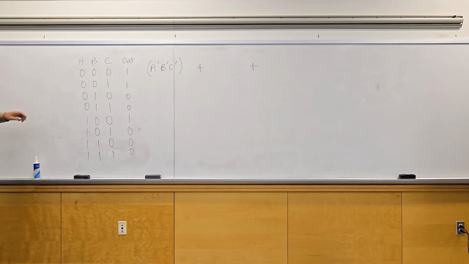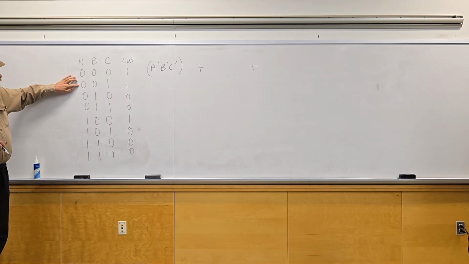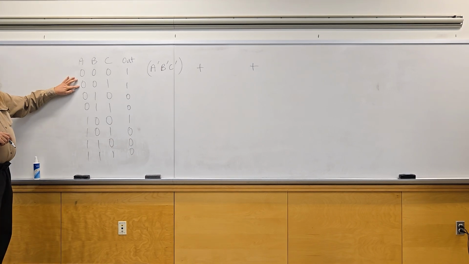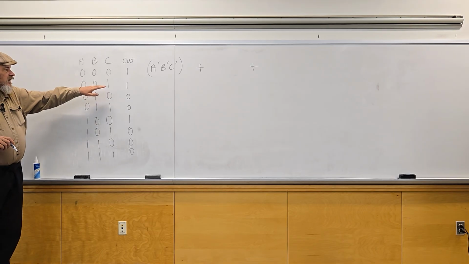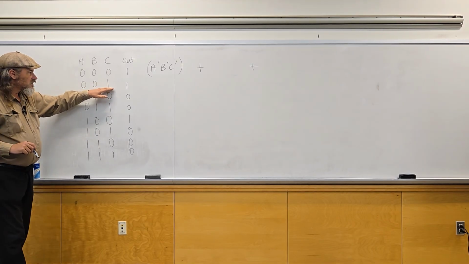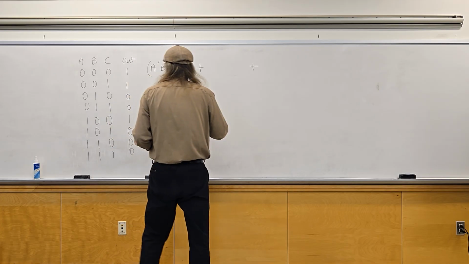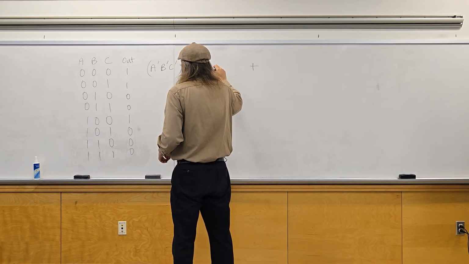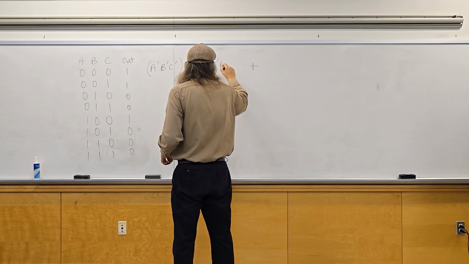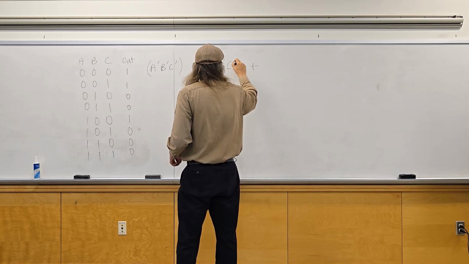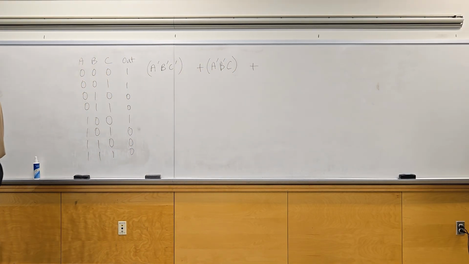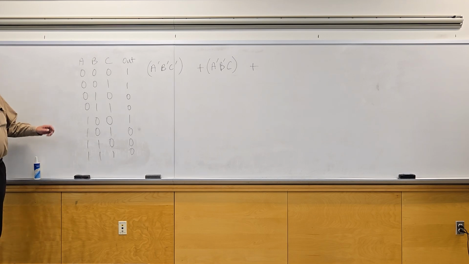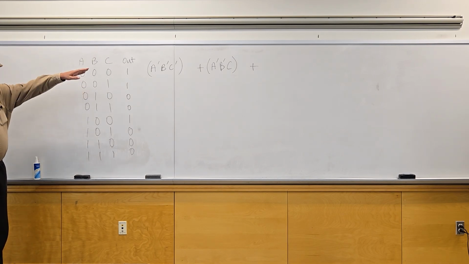And then looking at this, this is 0, and this is 0, and this is 1. So you would have A prime and B prime and C. A is 0, primed is 1.